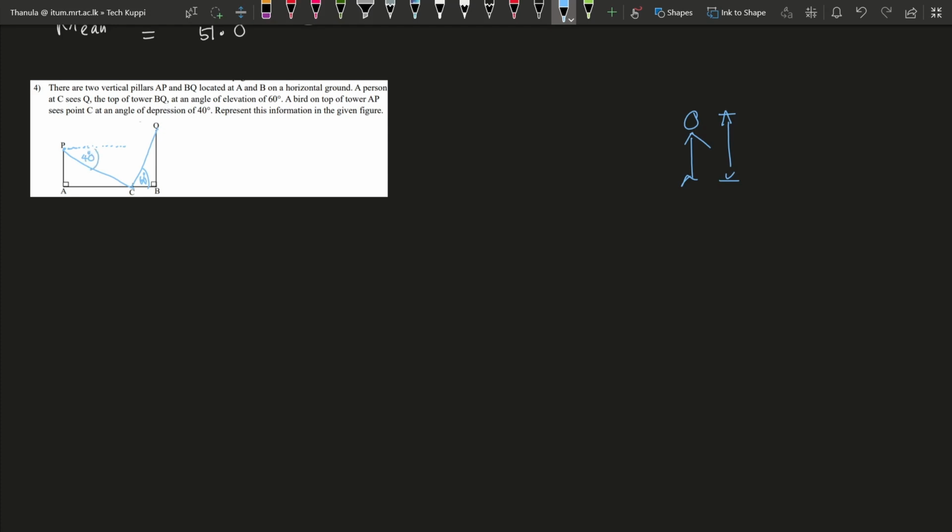That knowledge is important in dealing with trigonometry. Always remember there are two types of angles. All angles are measured from the horizontal level, right? From the horizontal level to the top, here is the angle of elevation.